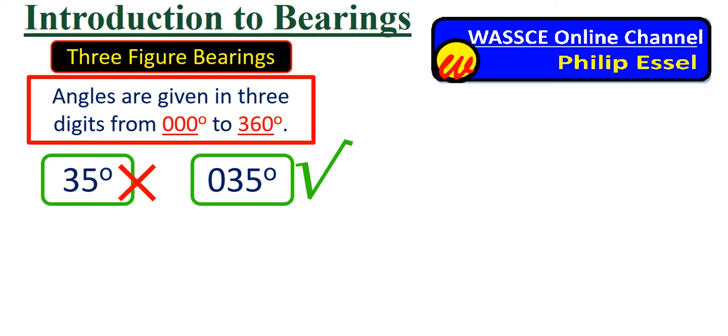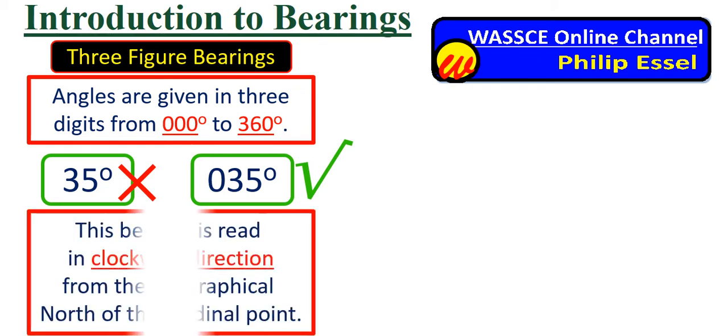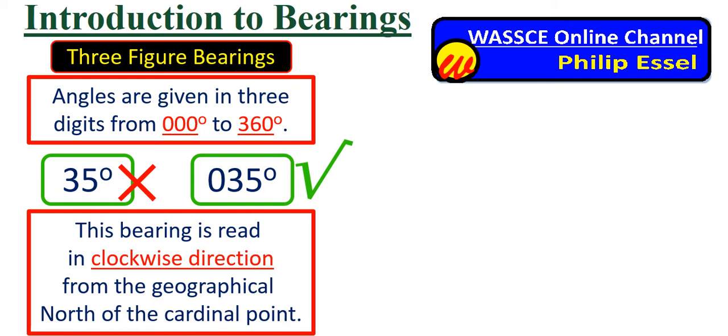The second item we need to note about 3 figure bearings is this. This bearing is read in clockwise direction from the geographical north of the cardinal point. In other words, we use the North Pole or the North Cardinal point as our starting reference point.